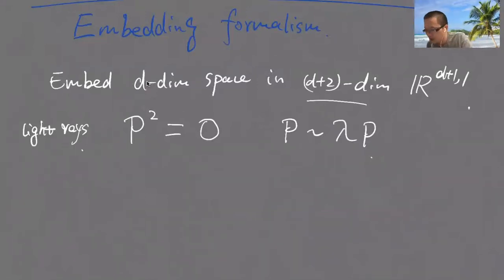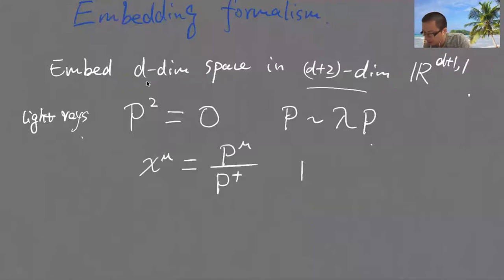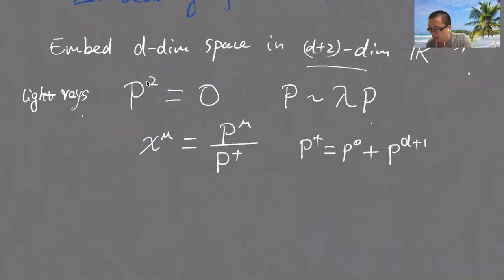So we can parameterize this D+2 dimensional coordinate, here I call it P. The D-dimensional coordinate x can be identified with P as follows: P^μ divided by P^+, where P^+ is P^0 plus P^(D+1), the light cone direction. Yeah, so this ratio makes it scale invariant, right?